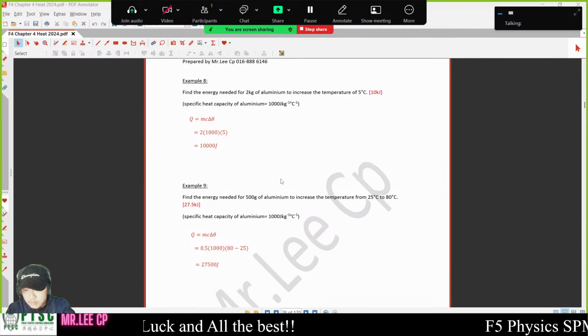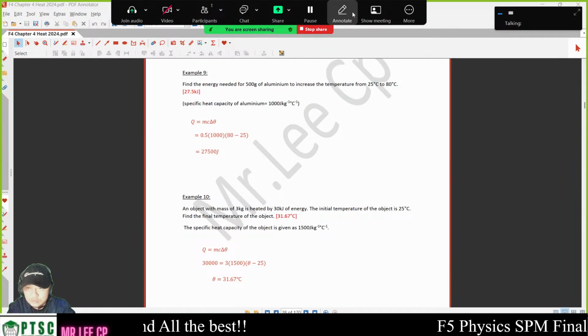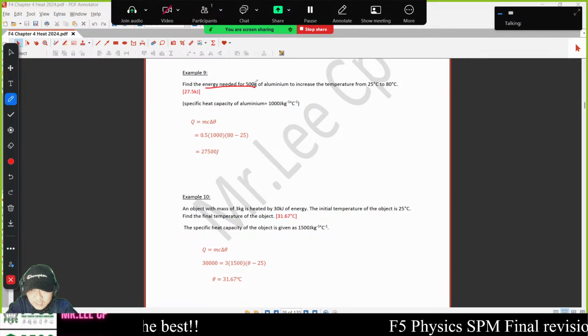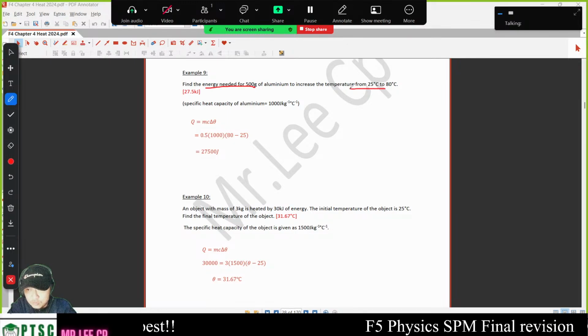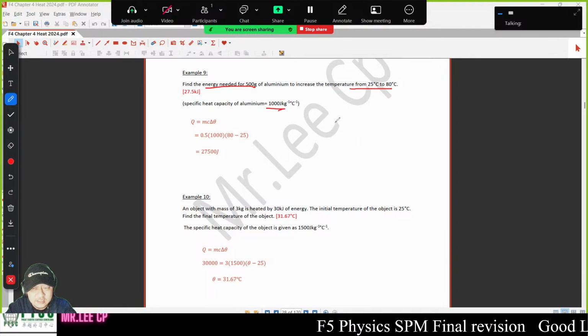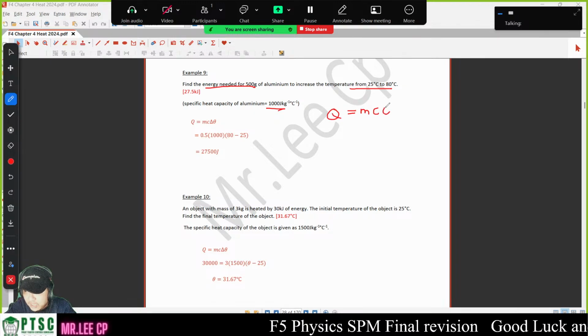All right. For example, we try to take one question here. Find the energy needed for 500 grams of aluminum to increase the temperature from here to here. The heat capacity of aluminum is 1000. Q is equal to mc theta.